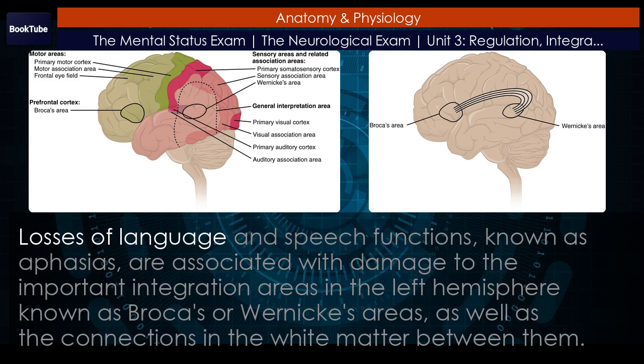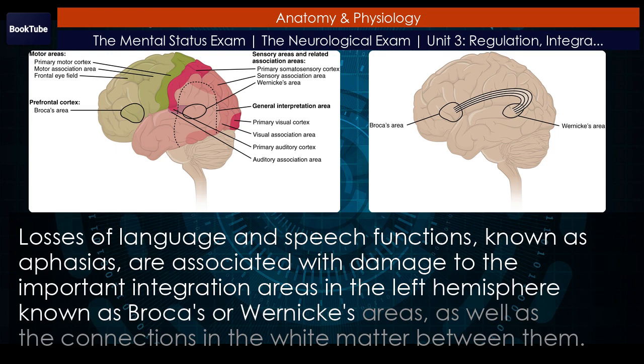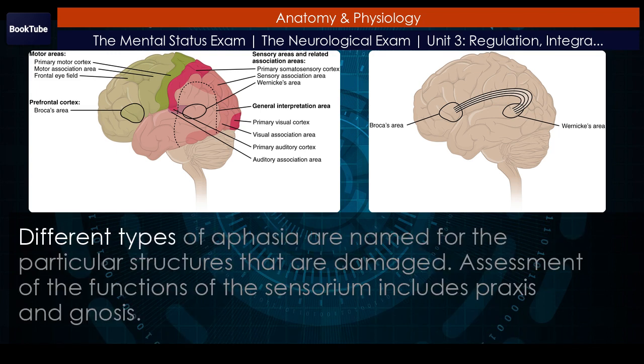Losses of language and speech functions, known as aphasias, are associated with damage to the important integration areas in the left hemisphere known as Broca's or Wernicke's areas, as well as the connections in the white matter between them. Different types of aphasia are named for the particular structures that are damaged.